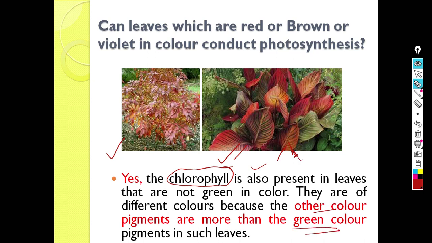So this red pigment, you can call chromoplast. Instead of chloroplast you can call them chromoplast, or any other colored pigment is present there.